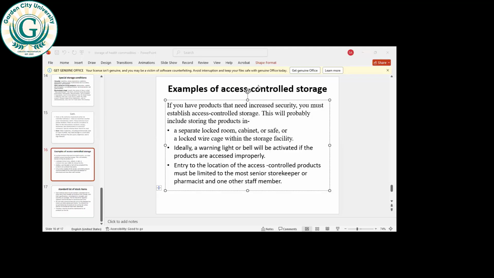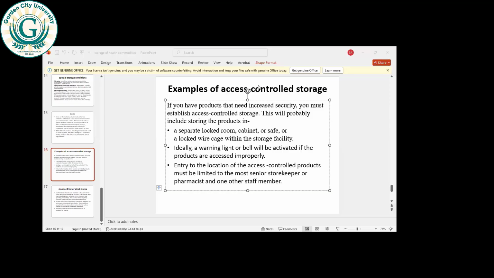Then ideally, a warning light or bell will be activated if those products are accessed improperly. These are some of the security measures put in place to ensure that these products are not accessed improperly.